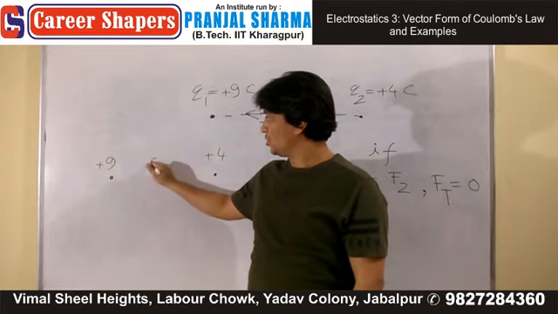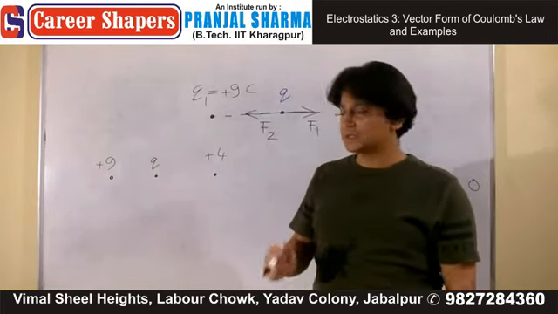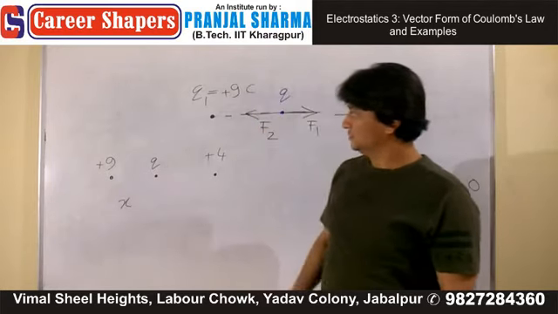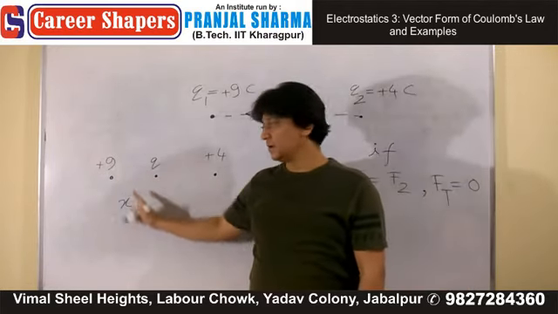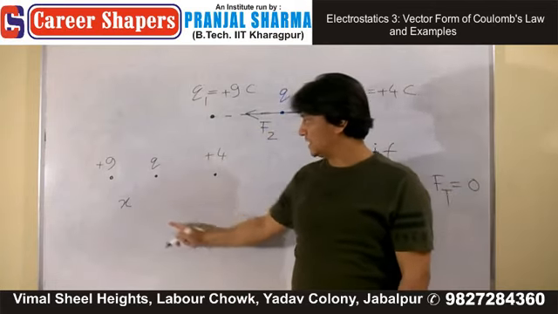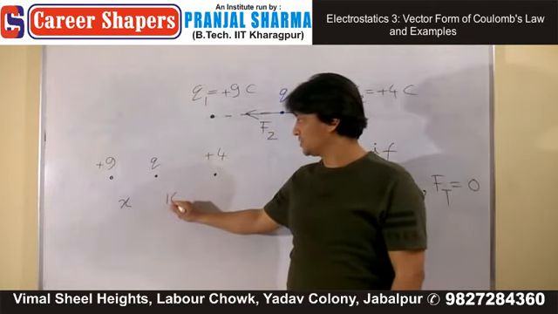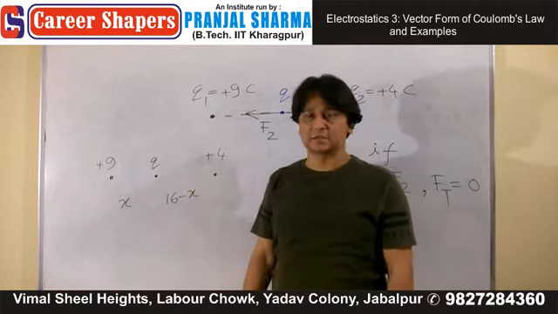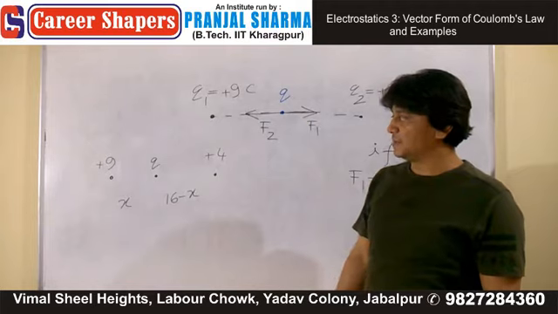This is the position of Q. Let's say this Q is at a distance of X from 9. If this distance is X, then automatically this distance becomes 16 minus X.